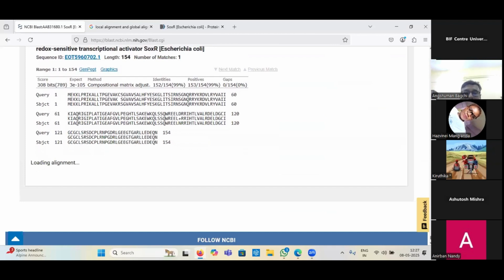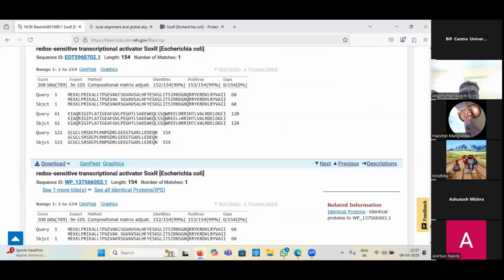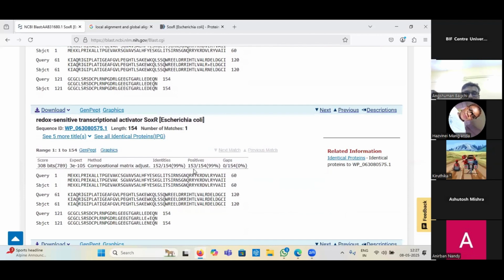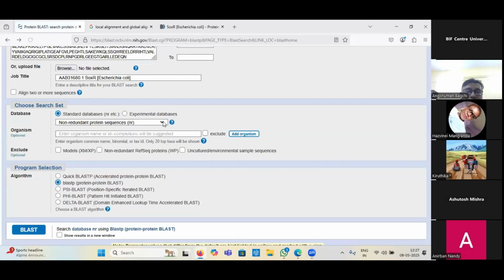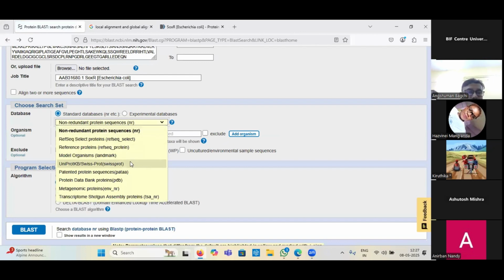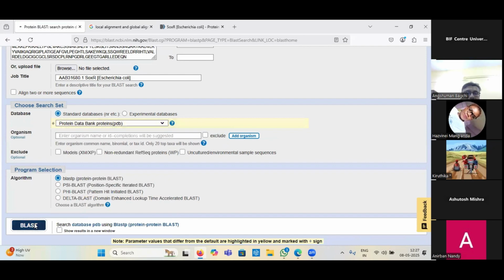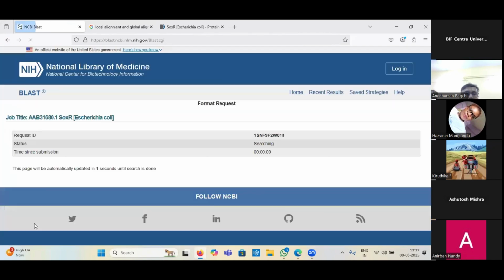But all these alignments, see, none of them have any gaps. So let us do one thing. I need to teach you the gaps, right? So let us use this one, protein data bank, and perform the sequence alignment again.